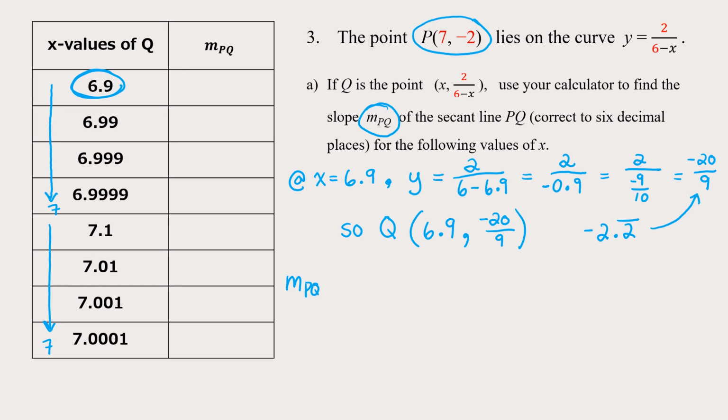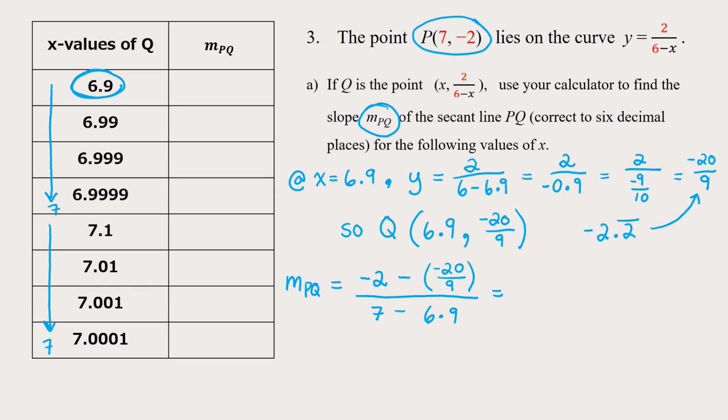So that MPQ will be equal to the difference between our y values, so negative 2 minus negative 20 over 9, all over 7 minus 6.9, or 6 9/10.